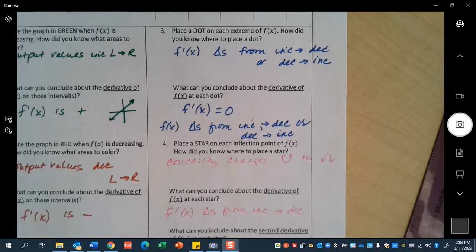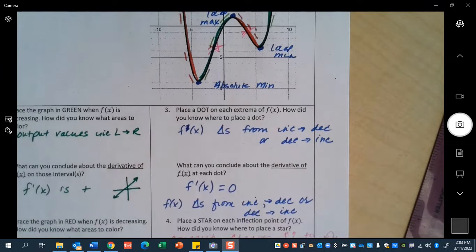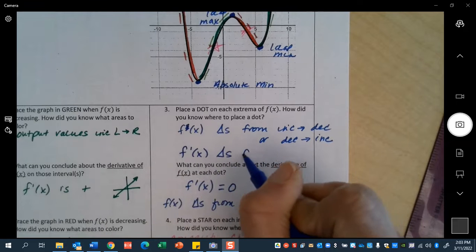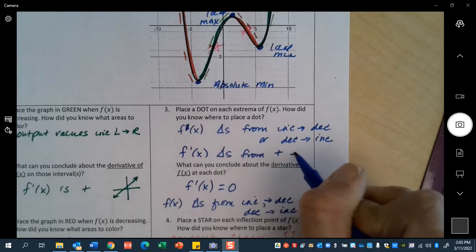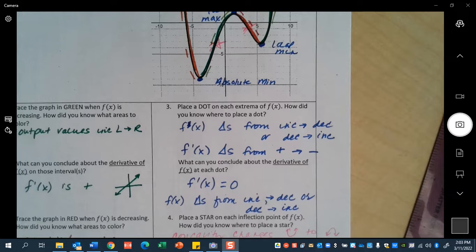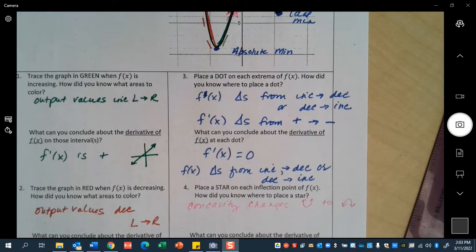So this should be as my function changes from increasing to decreasing, and where my derivative changes from positive to negative. Your function increasing or decreasing is different from your derivative being positive or negative. At the dot, the slope of your tangent line is 0, and your original function changes from increasing to decreasing.